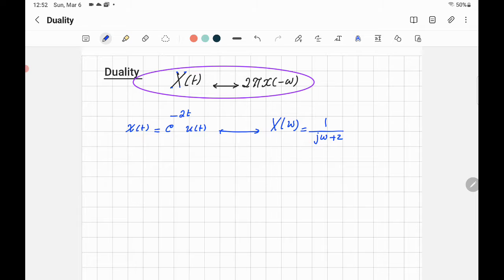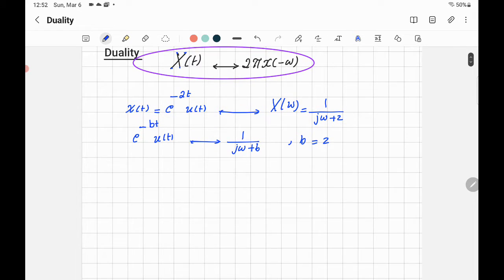Which formula did we use? We used e to the power of negative bt u(t) has Fourier transform 1 over j omega plus b, and I use in this case b equal to 2. All right, so we know that, but now let's just say that the question was like that.